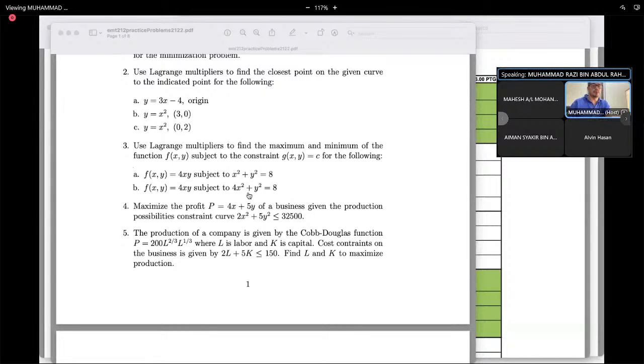Okay. What I want to do now is share my OneNote. The page is tutorial, section 2, question 2, question 3B.